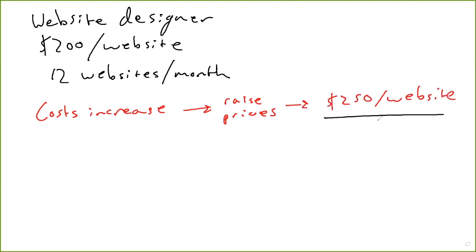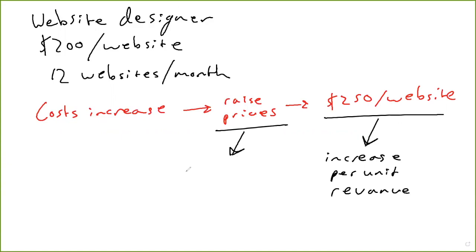So we know that by raising prices, you're going to increase per unit revenue, as in you're going to make more money on each website, but you've also raised prices, which from last module, you should know that because of the law of demand, you expect to sell fewer websites.